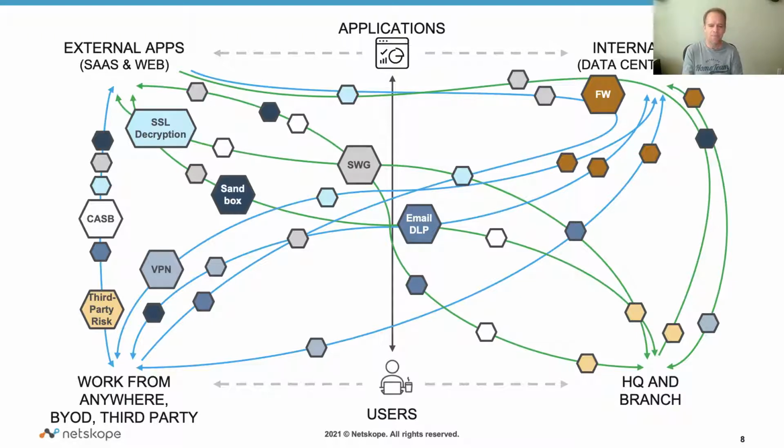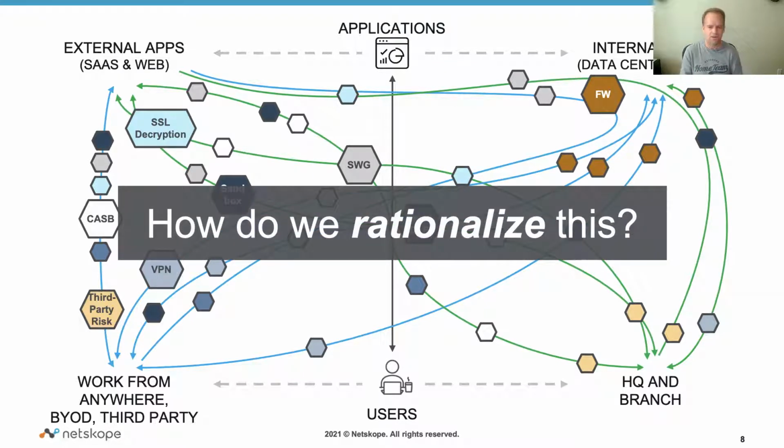Deploy a secure web gateway to protect employees as they're accessing web resources. Deploy a cloud access security broker to govern access to cloud applications. A variety of these different products. The problem is they're disconnected, there's multiple consoles, and they're also ineffective to the way people work today. So how do we rationalize all of this?